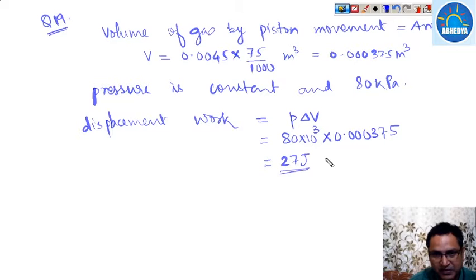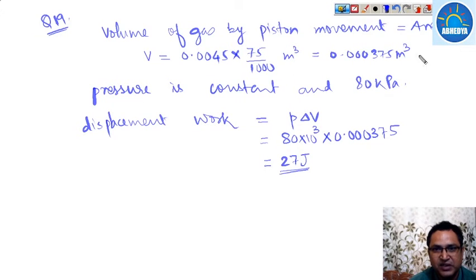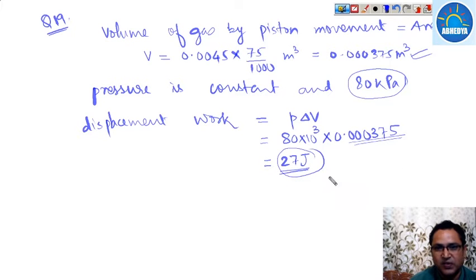So this much work has been done. Basically he is asking how much is the displacement work. Displacement work is nothing but the pressure multiplied by the change in volume. The change in volume was this much and the pressure remains constant at 80 kilopascal, which always works against the atmospheric pressure. So this pressure multiplied by the change in volume will give you the 27 joule of work done. This was a simple question.